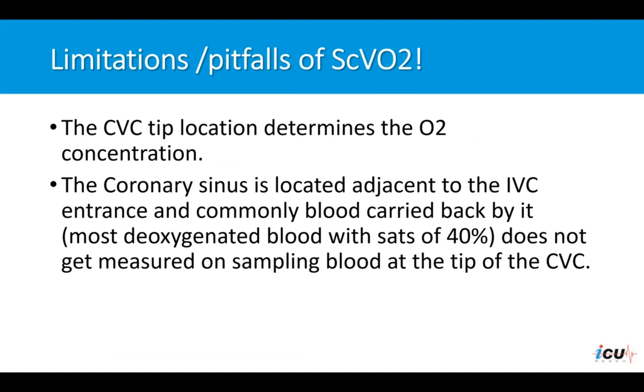So you need to be in the right atrium, close to the coronary sinus, to be able to measure the oxygen saturation that is mixing the blood returned from the coronaries with the blood coming from the IVC and the blood coming from the superior vena cava.